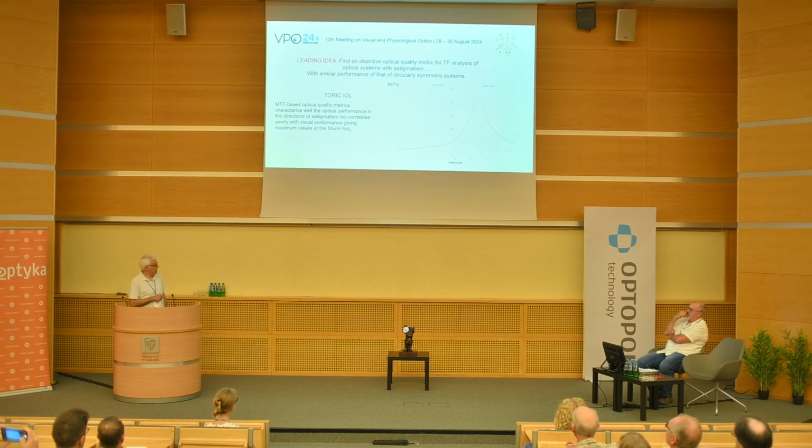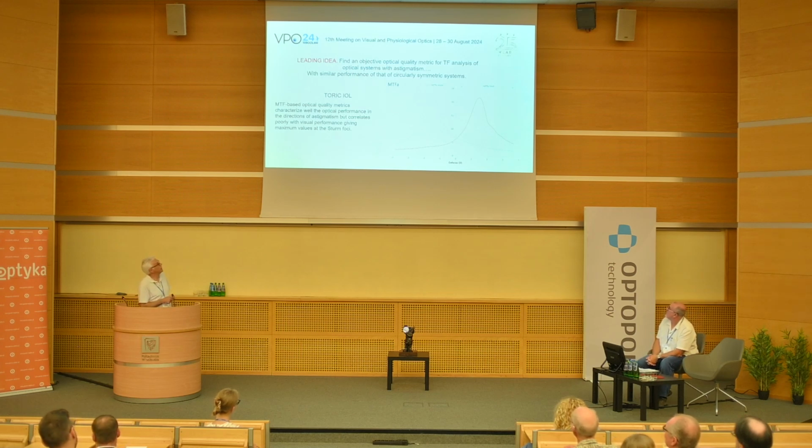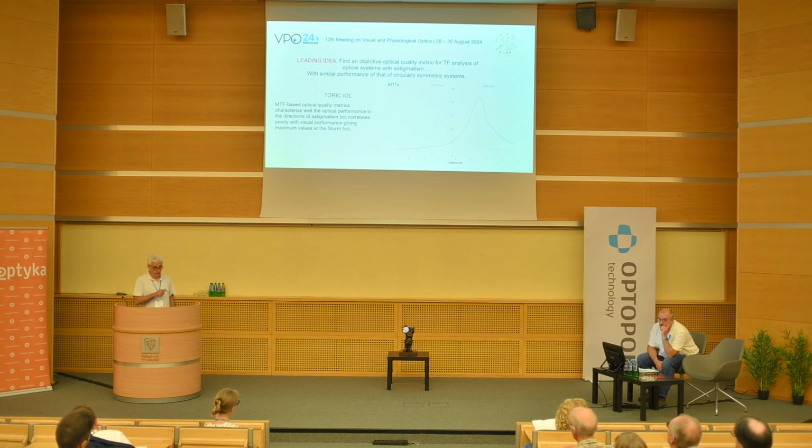We orient these lenses in two different directions of the astigmatism. In this case, we have, for example, the area under the MTF in the vertical and the horizontal directions, coinciding with the astigmatic axes.